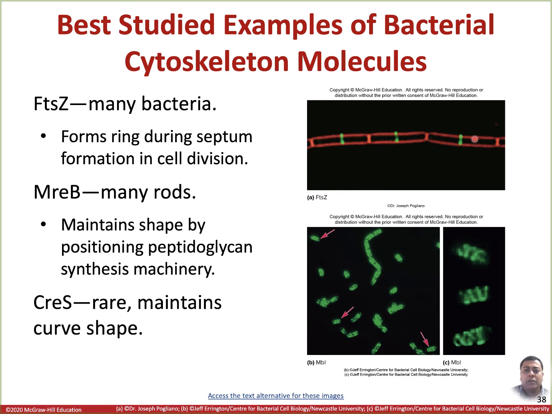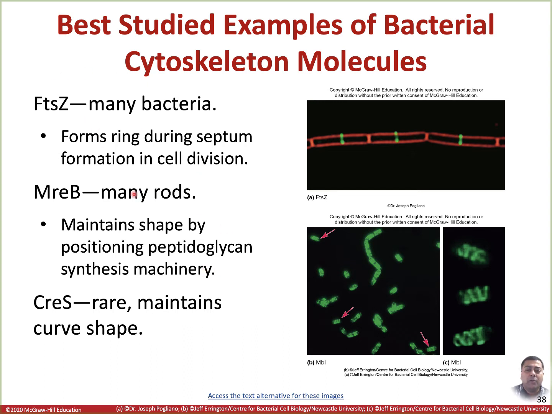You can see right here the green fluorescence is due to the FtsZ, which is tagged with a fluorescent dye. This is going to form the septum and divide these cells into 2. FtsZ is very close or analogous to the tubulin protein, which forms the microtubules in eukaryotes.